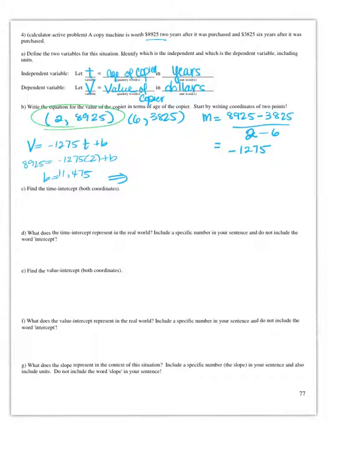Next, we're going to answer a couple questions about our equation. The first one says, find the time intercept. So the time intercept is when our other variable is 0. So we're going to have v equals 0, and we're going to solve for t.